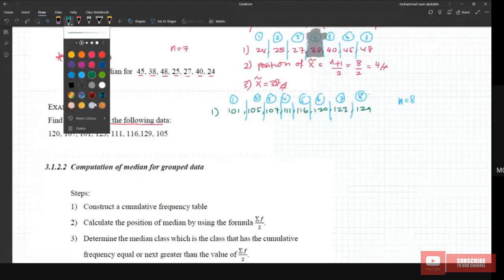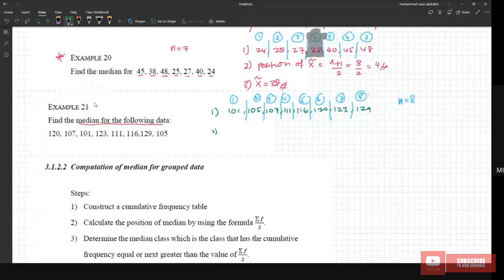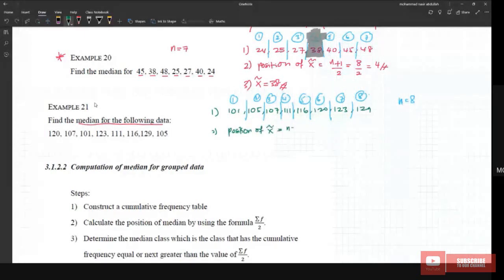Second step is we need to find the position of the median, which is (n plus 1) divided by 2. In this case, n equal to 8 plus 1 equal to 9, divided by 2. So it becomes 4.5.